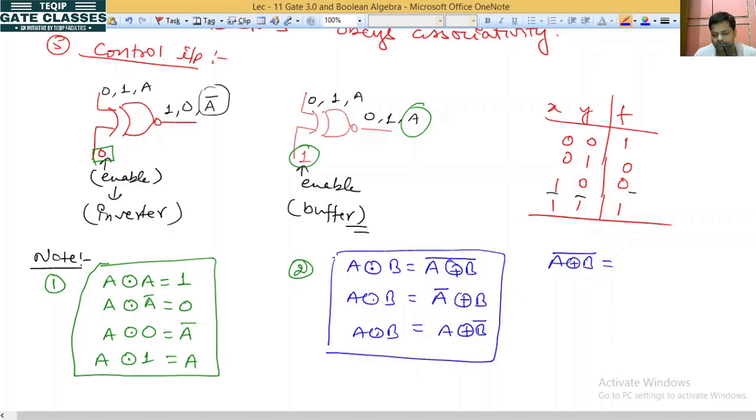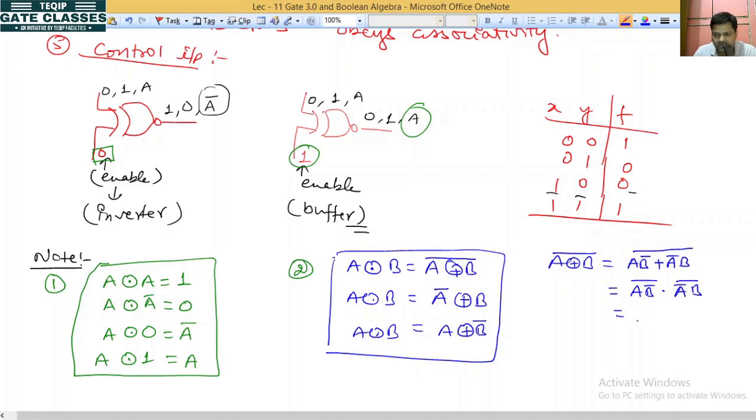I want to prove A XOR B complement is equal to A XNOR B. So it will be the whole complement of AB bar plus A bar B. So by De Morgan's law, you can write it as, okay.